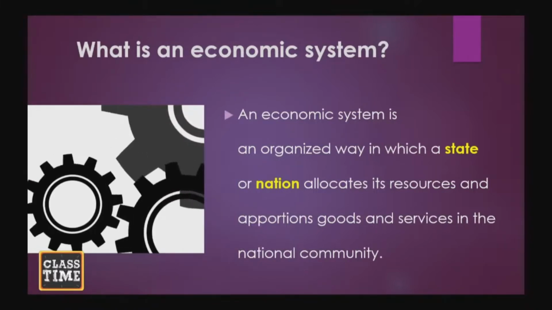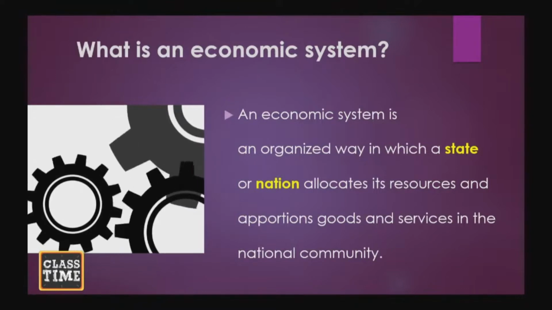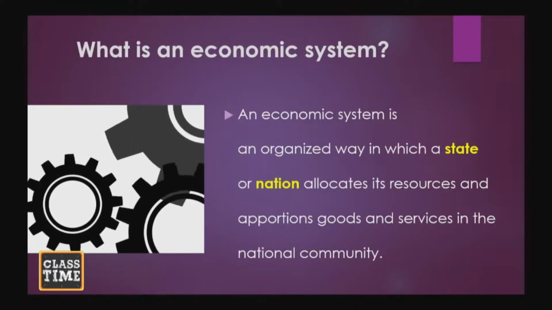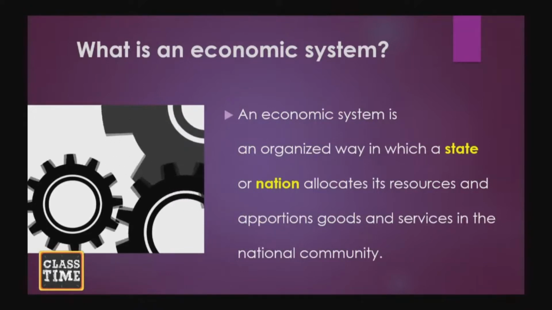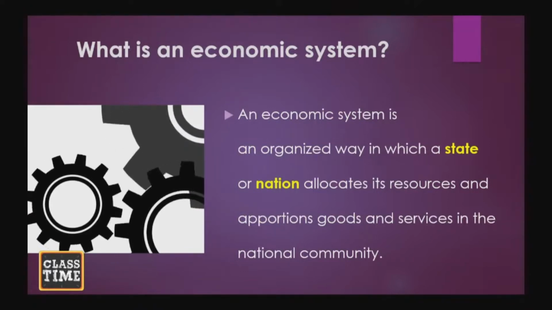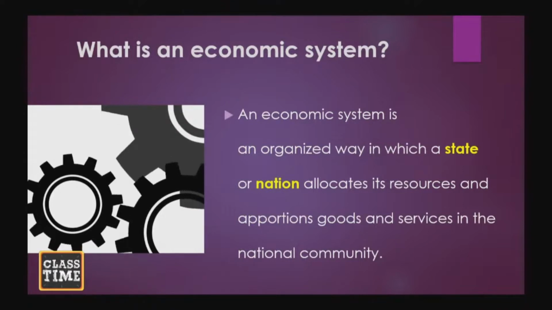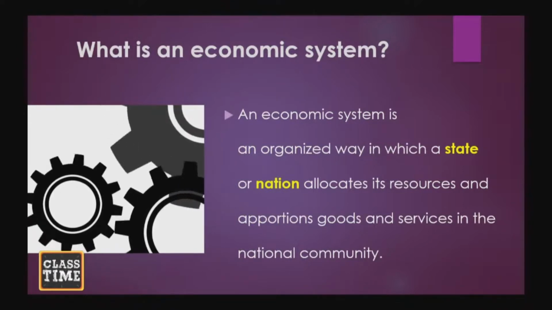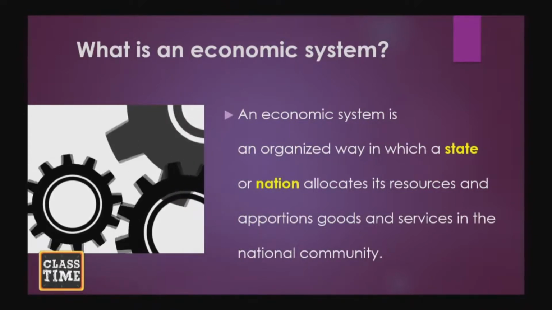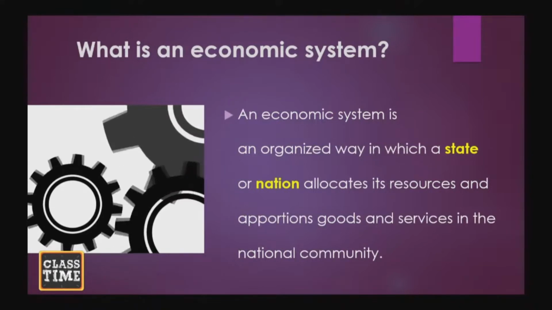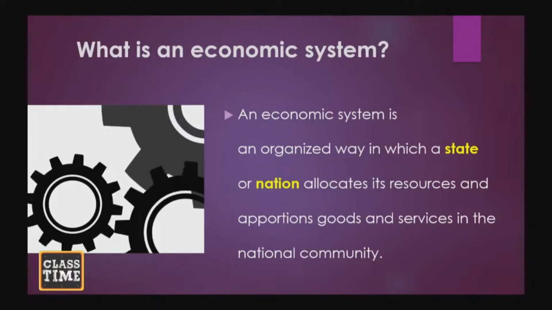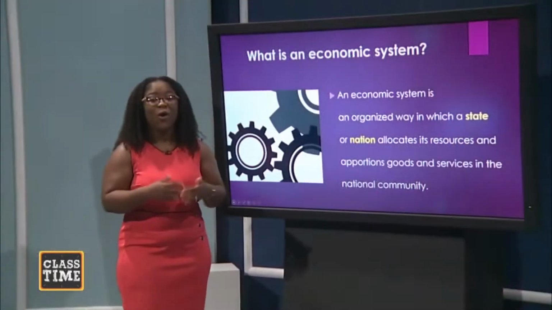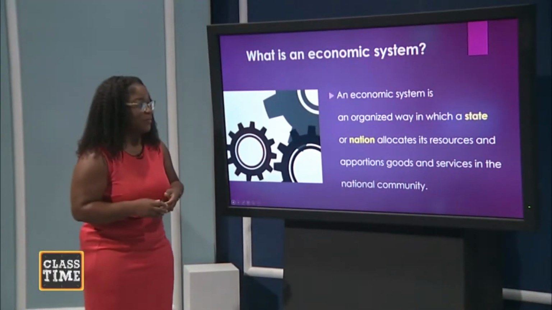If you remember the definition of economics, you'll realize that some of it is brought out in this definition, because in the study of economics, we are looking at how we are able to create wealth from scarce resources, how we're able to allocate scarce resources to satisfy all the unlimited wants and needs that we have.